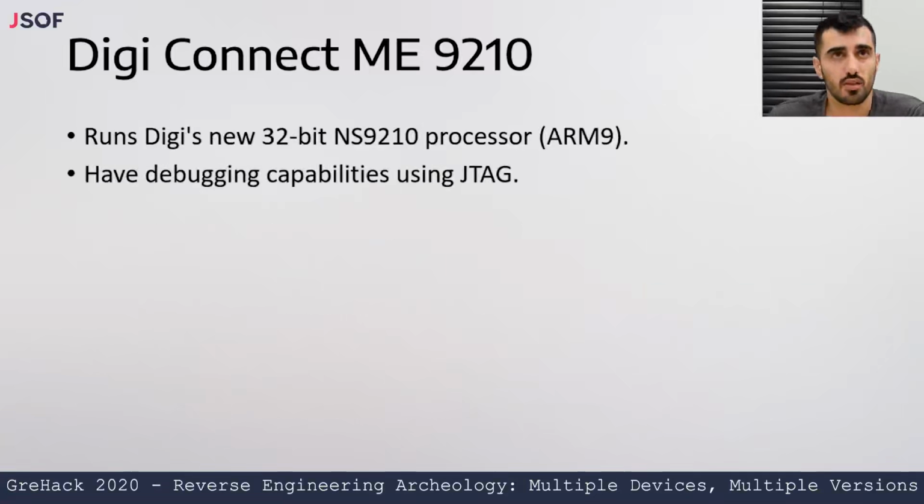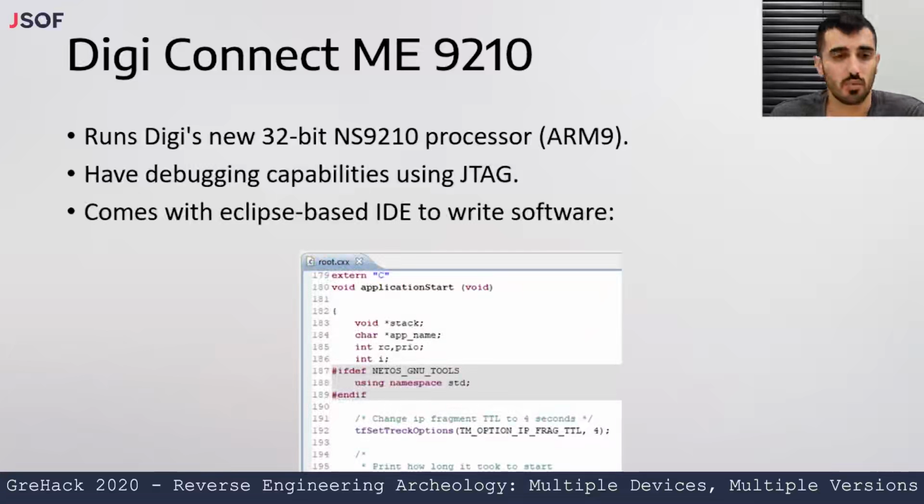So we found that this new Digi device runs on an ARM9 processor. We have debugging capabilities using the JTAG interface, and it comes with an Eclipse-based IDE, so we can write software onto this device. So we compiled a simple software.